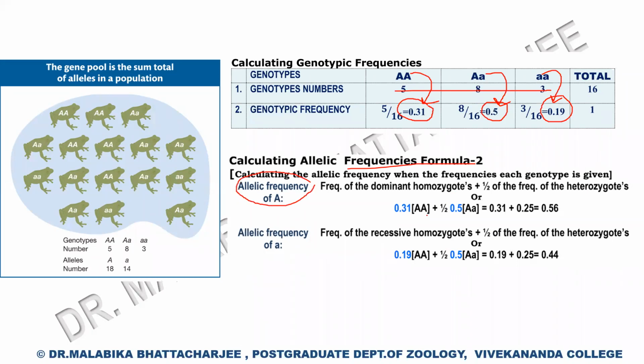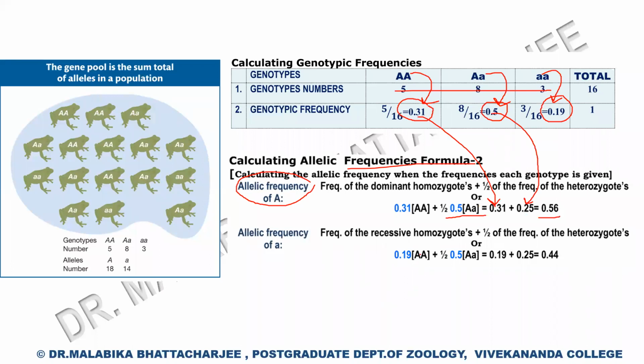It is the genotypic frequency of the homozygotes plus half of the genotypic frequency of the heterozygotes. So the genotypic frequency of the homozygotes is 0.31, half of the genotypic frequency of the heterozygotes is 0.25. You add up, you get 0.56.